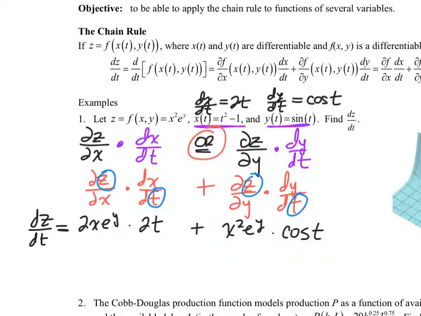So I could go through and replace every x with t squared minus 1 and every y with sine of t.